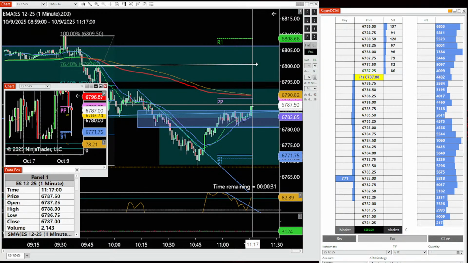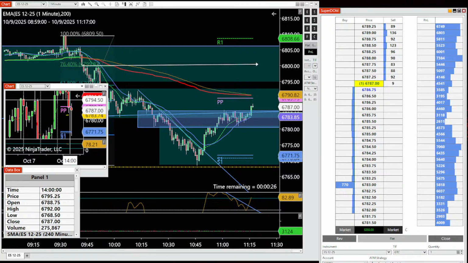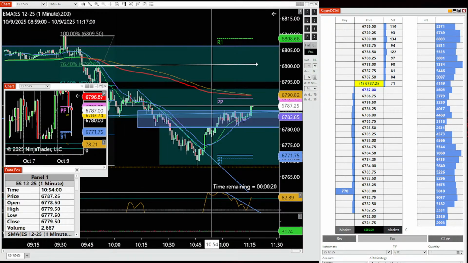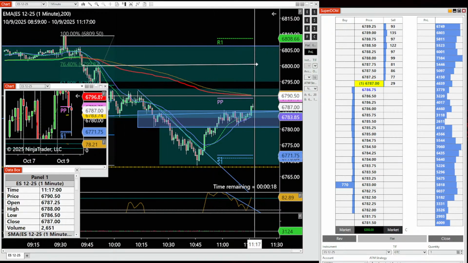Tempted to take a short here at the 89. That VWAP and a pivot.